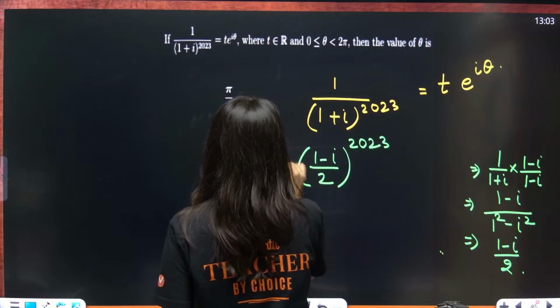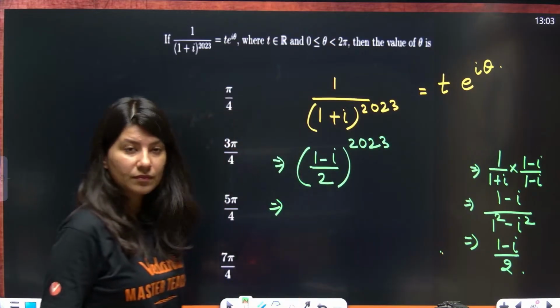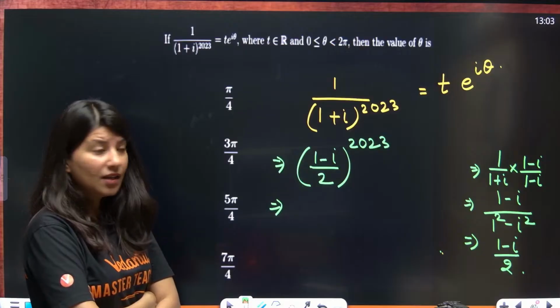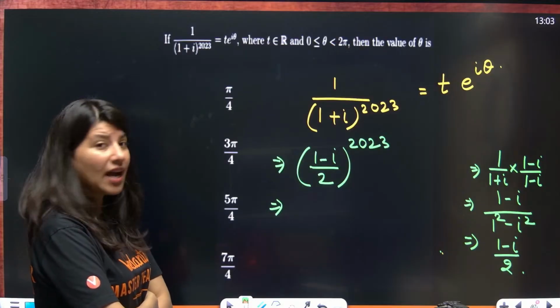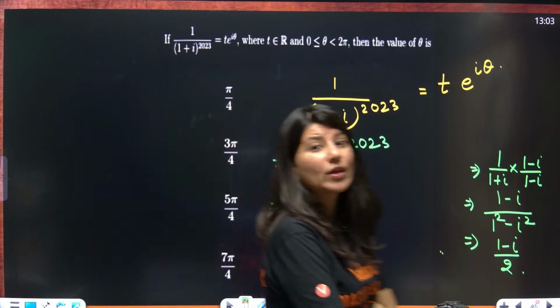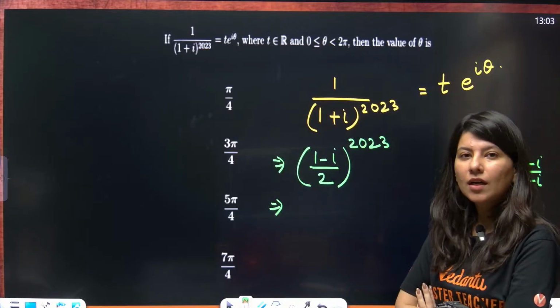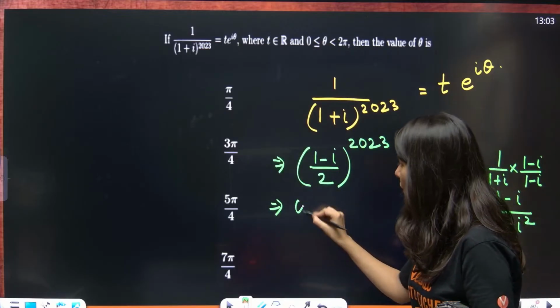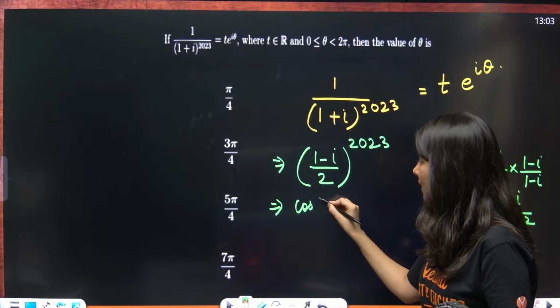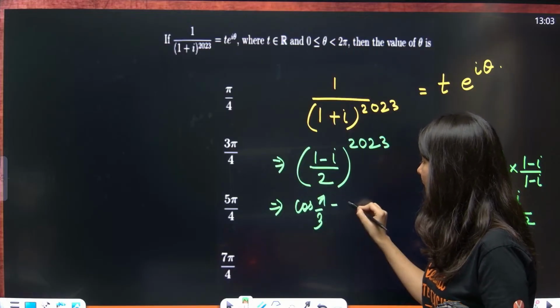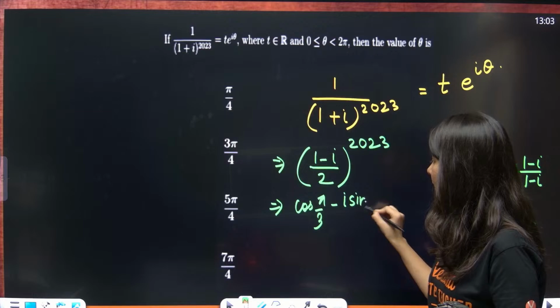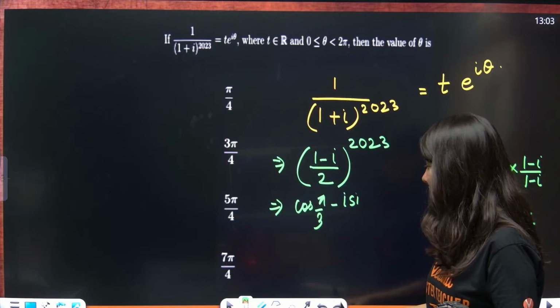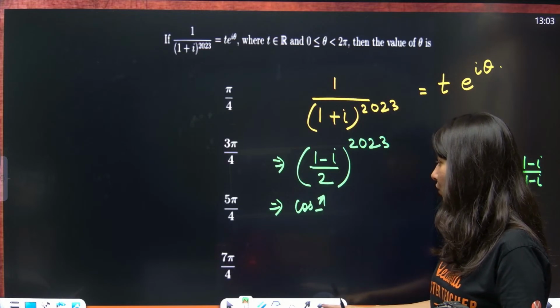Can I write it this way? Yes. Now remember that cis theta, 1 by 2 and iota by 2. So 1 by 2 cos theta. Can I write cos theta? So cos 60 degree, that is pi by 3 minus iota sin theta. Or you can say cos minus pi by 3 will work over here.